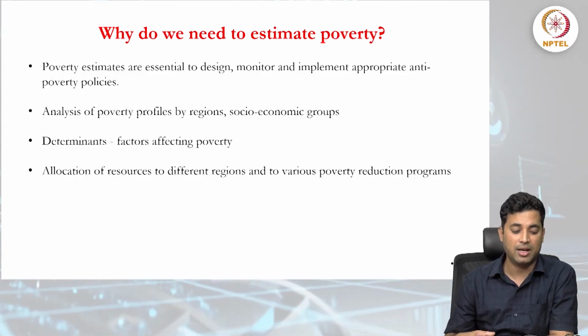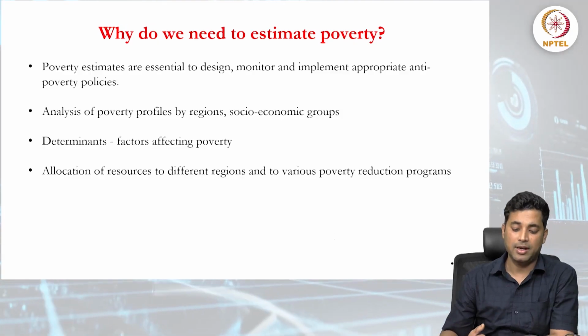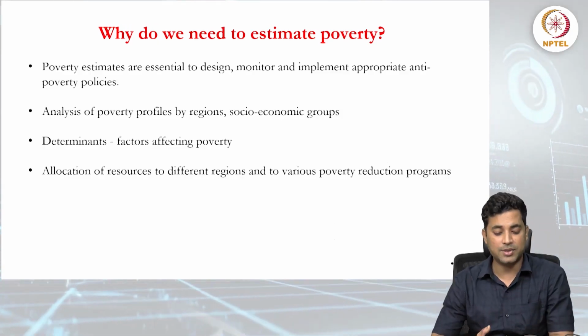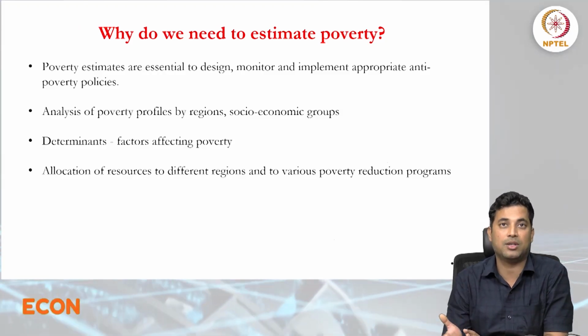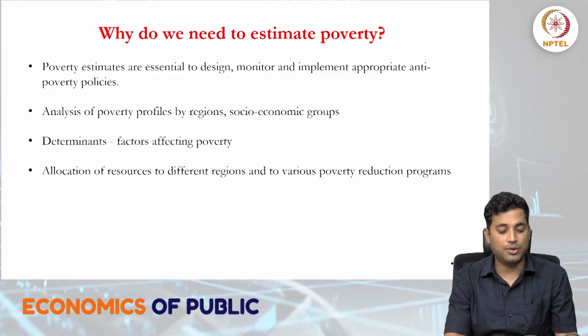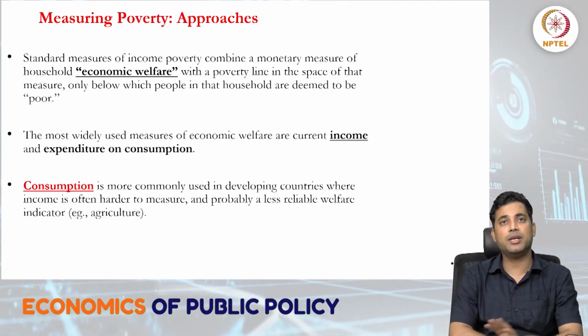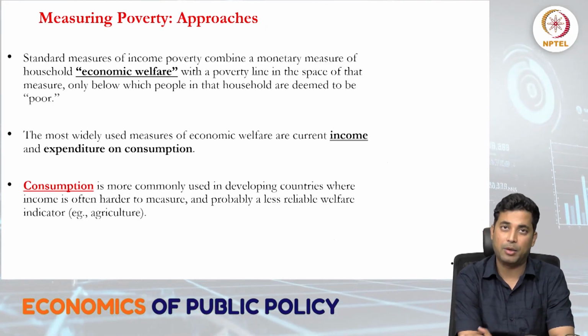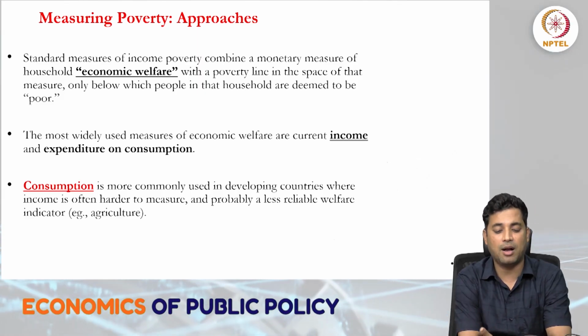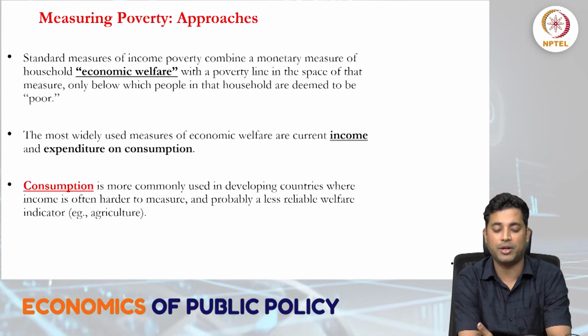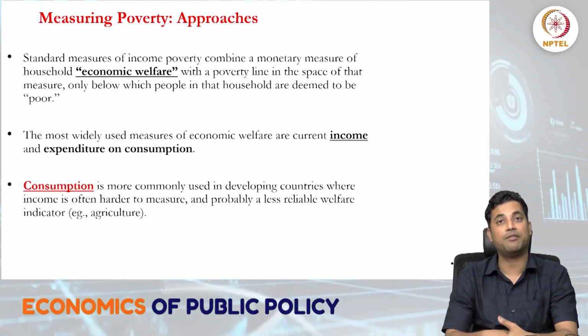When we talk about it, it is very important to understand different programs and different socio-economic and regional contexts to address poverty. So for measuring poverty, there are a couple of approaches. Standard measures of income poverty combine monetary measures of household economic welfare.